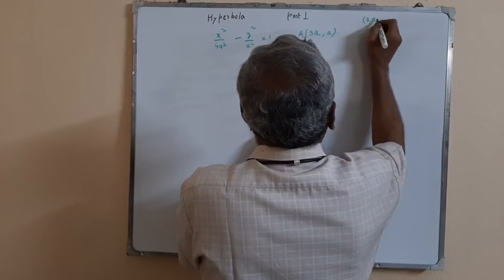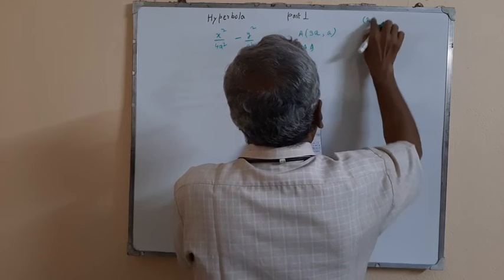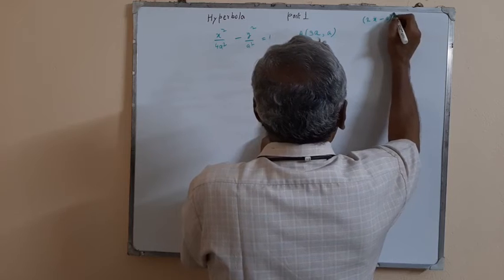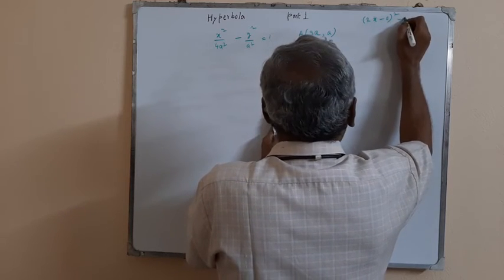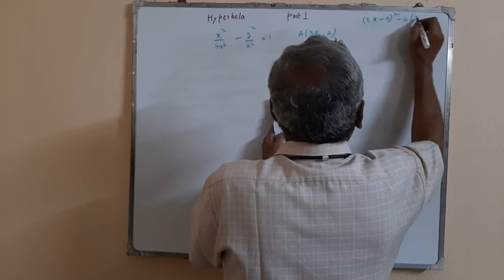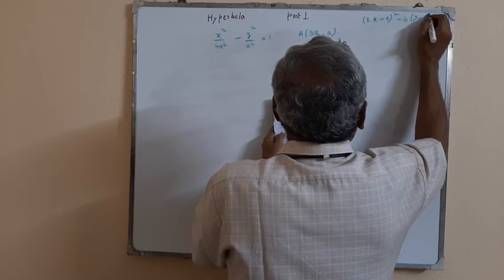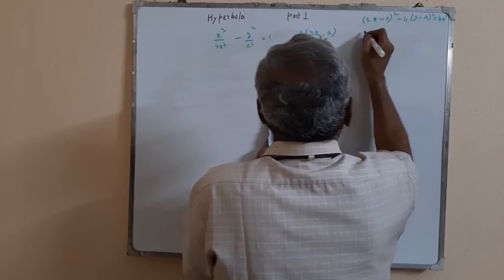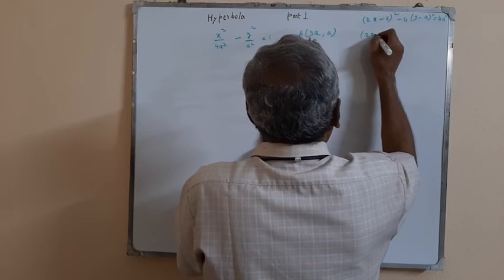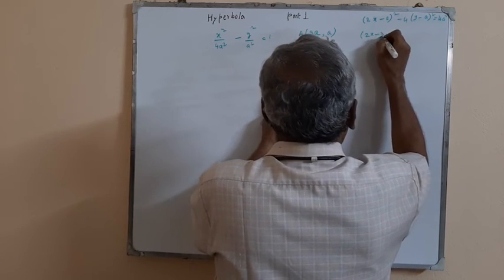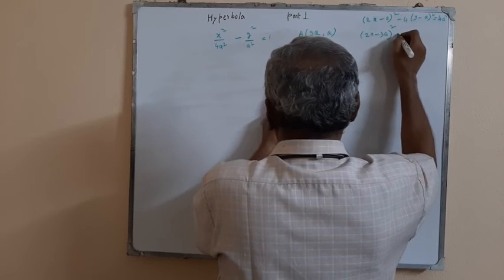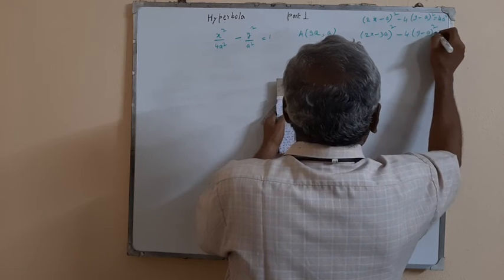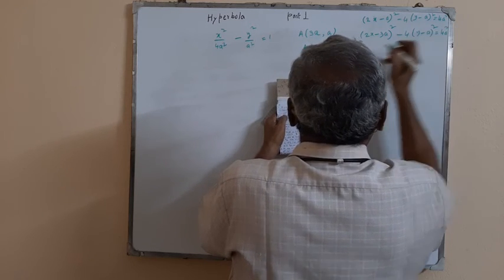Number 1, 2x minus a whole square minus 4 into y minus a whole square is equal to 4a square. Number 2, 2x minus 3a whole square minus 4 into y minus a whole square is equal to 4a square.